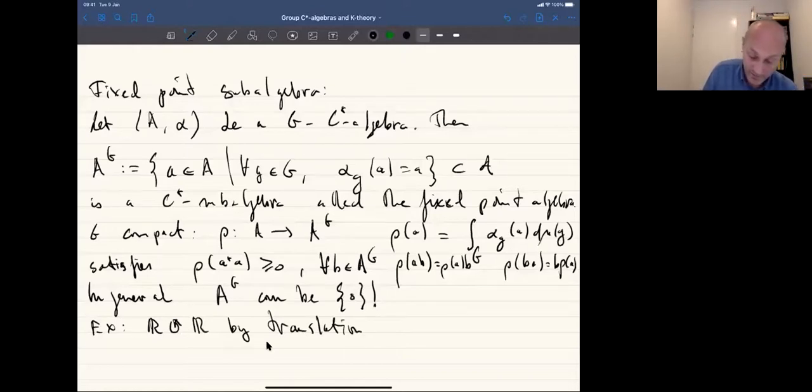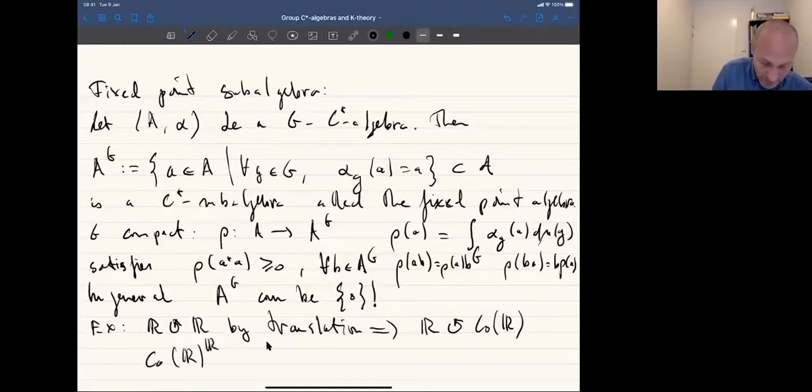Then this gives us an action of R on C0 of R. So the one R is a group, the other R is just a space. And you can easily check that the fixed points for this action is 0. That's because if a function were fixed, it would have to be constant, and the only constant function in C0 of R is the 0 function. So it is both the non-compactness of the group and the non-compactness of the space that you act on that causes this.